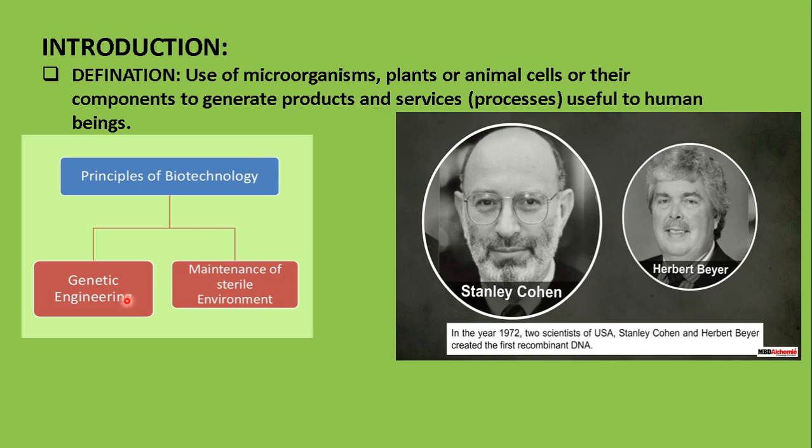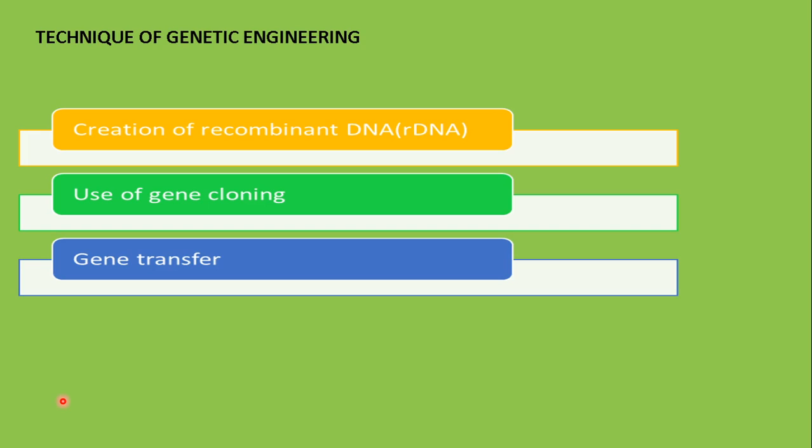Then the process is carried out through genetic engineering. The technique of genetic engineering involved in biotechnology has three steps: creation of recombinant DNA, use of gene cloning, and gene transfer. These are different measures in genetic engineering. First, what is recombinant DNA?